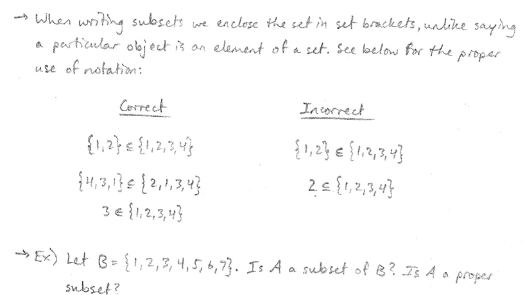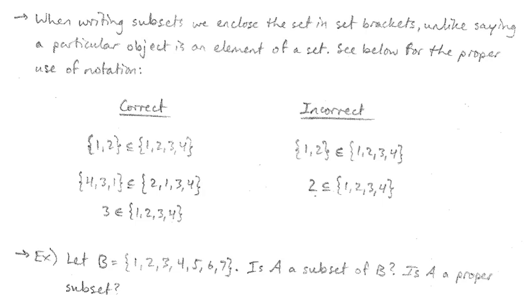If you want to say that something is an element of a set, then you're just going to take that one guy. It could be a word, a number, a shape, whatever, and you're not going to put it inside of the set brackets.